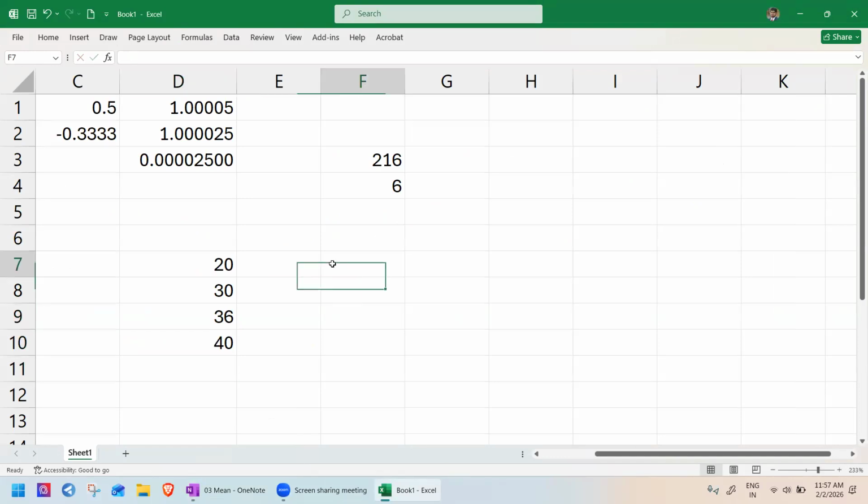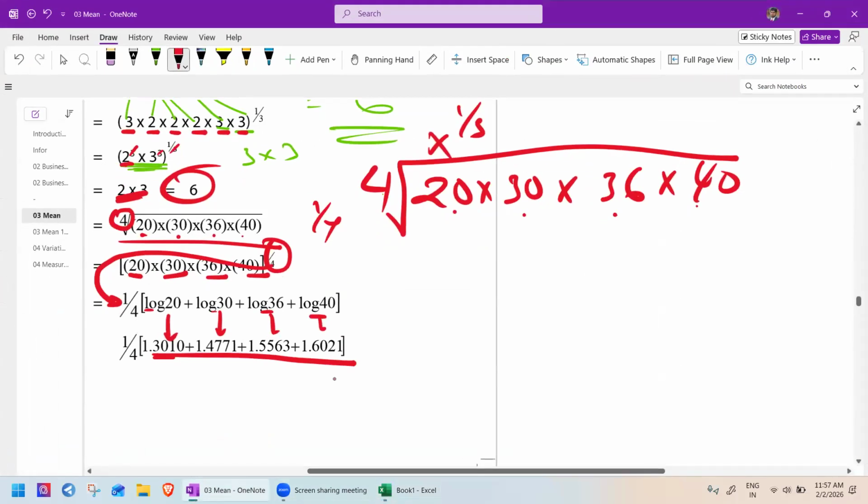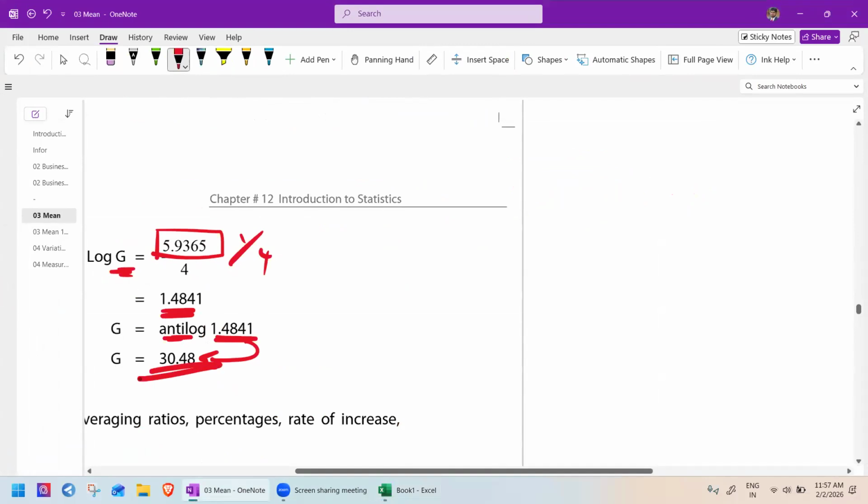So we can get 20 into 30 into 36 into 40. We take this value, and then the power of 1/4. There are 4 observations. 30.488. So this is the answer.